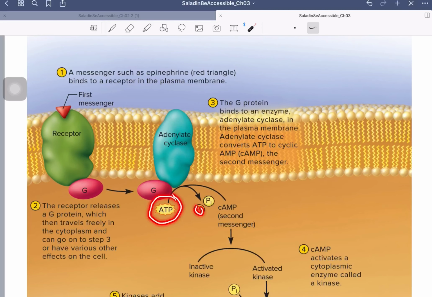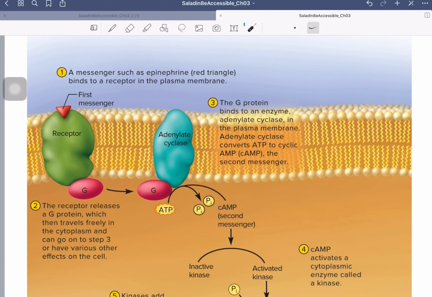That produces cyclic AMP. Now, the cyclic AMP, we call it the second messenger. It's not the original epinephrine. They're very different things, but in many ways it's a surrogate for it. So through this process, we've activated the second messenger, cyclic AMP.